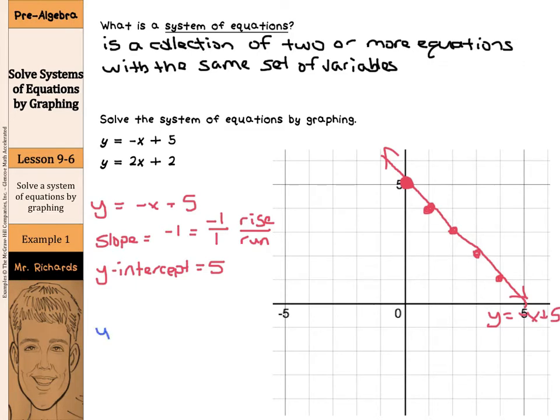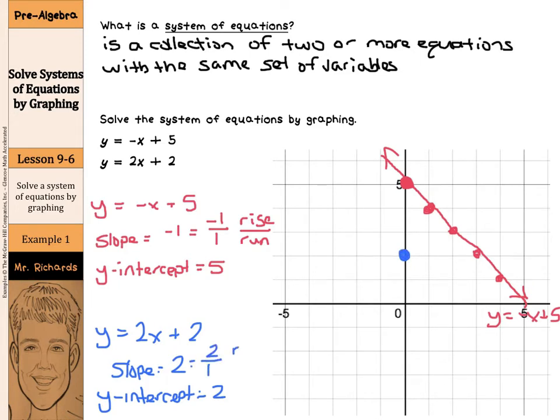We have y equals 2x plus 2, where we have a slope of 2 and a y-intercept also of 2. So we can start by graphing our y-intercept at 2, and a slope of 2 means 2 over 1, so we will rise 2 every time we run 1.